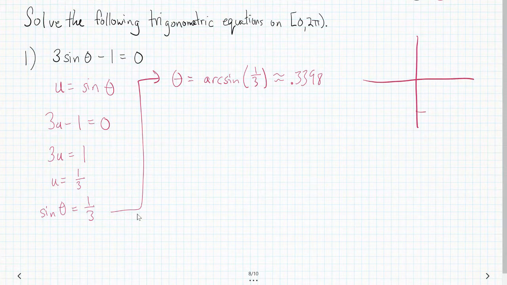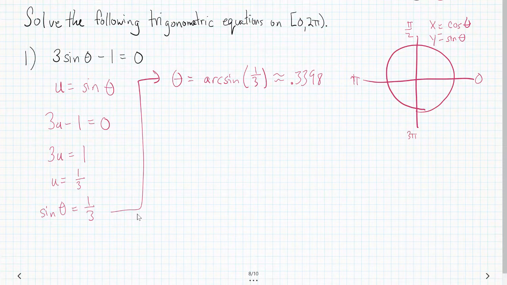Remember, x equals cosine theta, y equals sine theta. So we just came up with some angle 0.3398. Now where the heck does that fall? We want to get all the way between 0 and 2 pi.